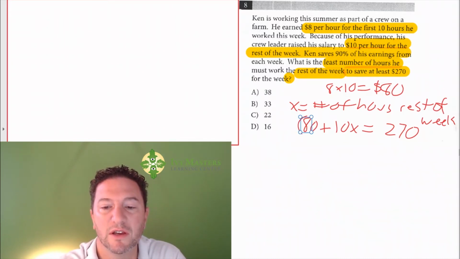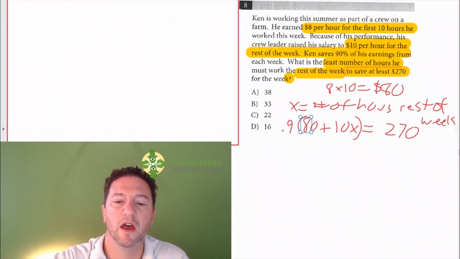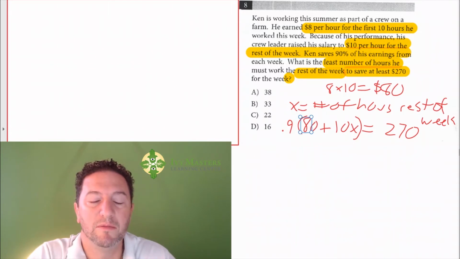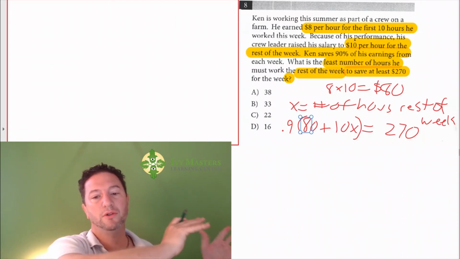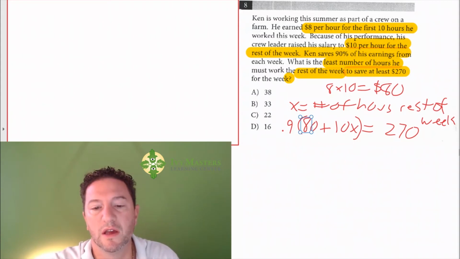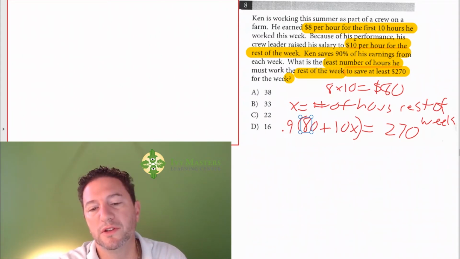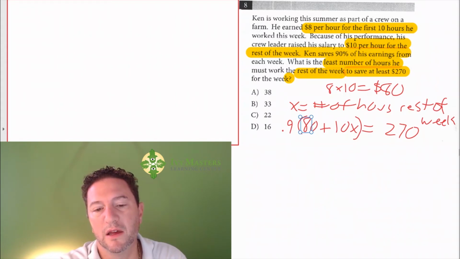You're actually going to take 90% of the left. And why is that? Because 90% of his total earnings, which is on the left, is going to equal that $270.